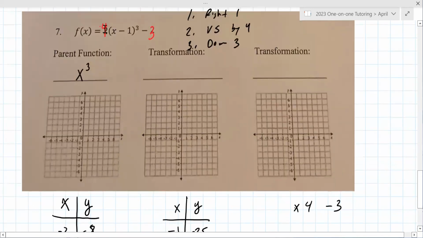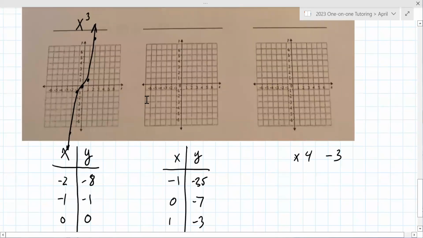So what does our original graph look like? You've got 1, 1, 2, 8, which can't even get on here, negative 1, 1. So it's this kind of snake shape. When drawing that one, those 3 dots are in a row like that.